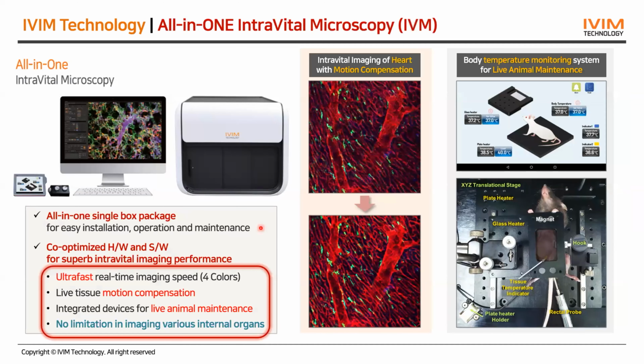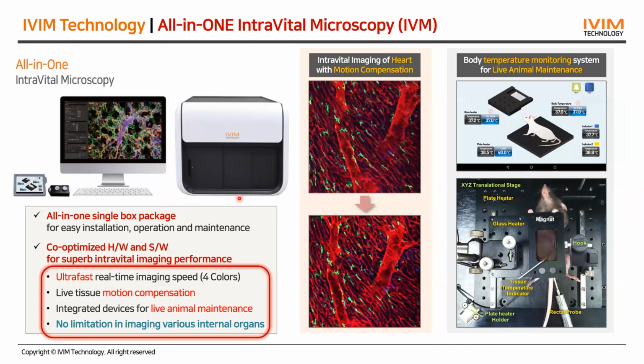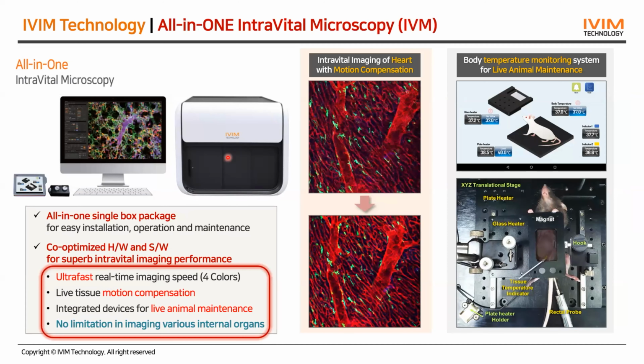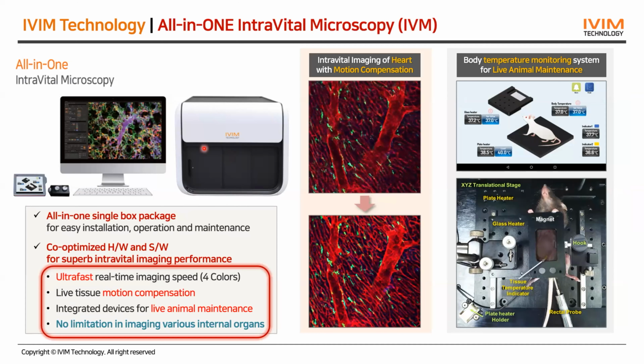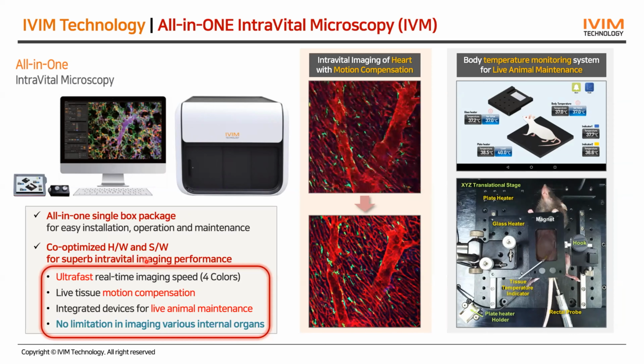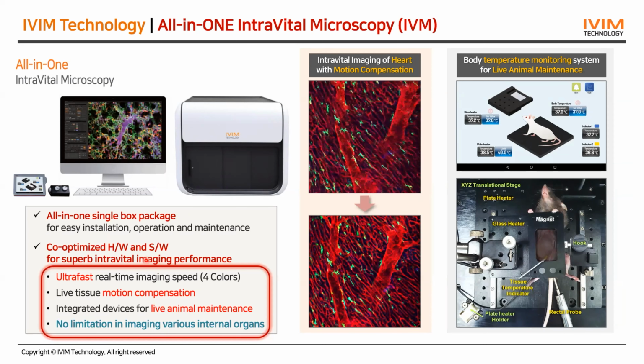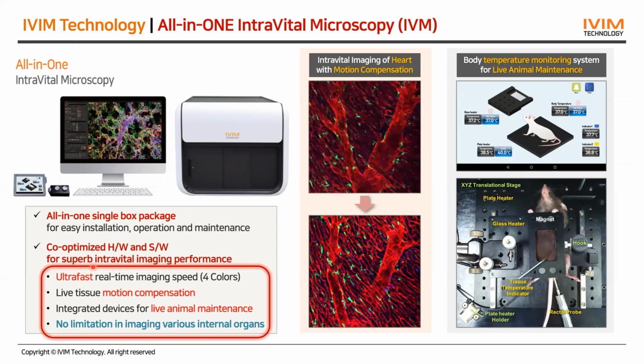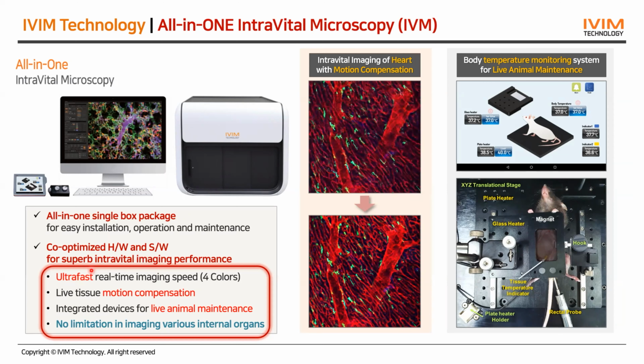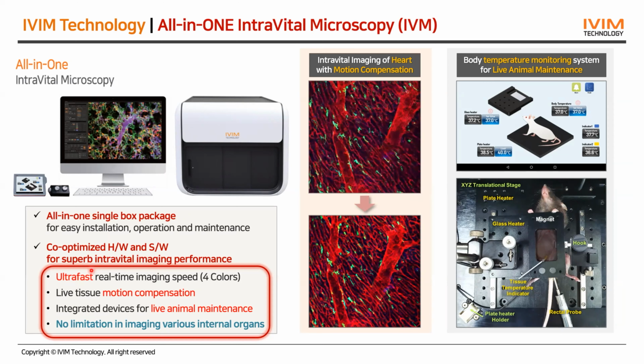IVIM is the world's first and only company providing this new all-in-one intravital microscopy system with the basic intravital imaging performance. This all-in-one single box package enables easy installation, operation, and maintenance, and it has co-optimized hardware and software for the best in vivo imaging performance. Firstly, ultra-fast imaging speed to capture the very fast cell dynamics inside the living body.